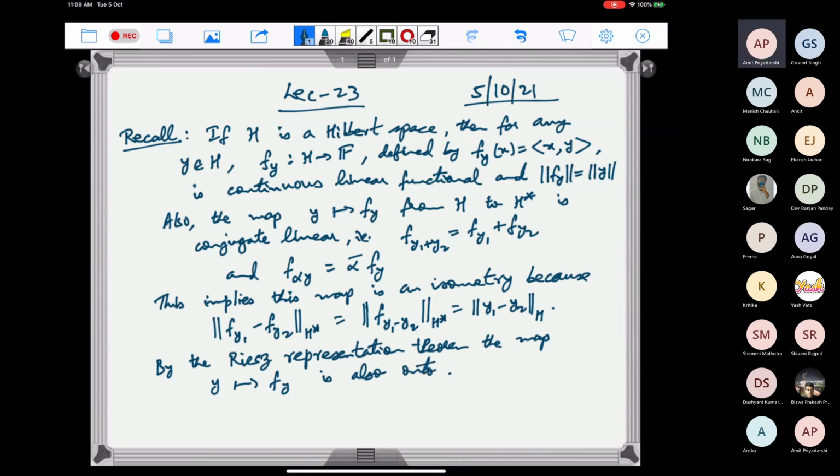So now we get an onto isometry. It is not linear, but it is additive and conjugate linear, and this is from H onto H star. So we go from H to H star, and also we saw that H star can again be made a Hilbert space by defining this inner product.